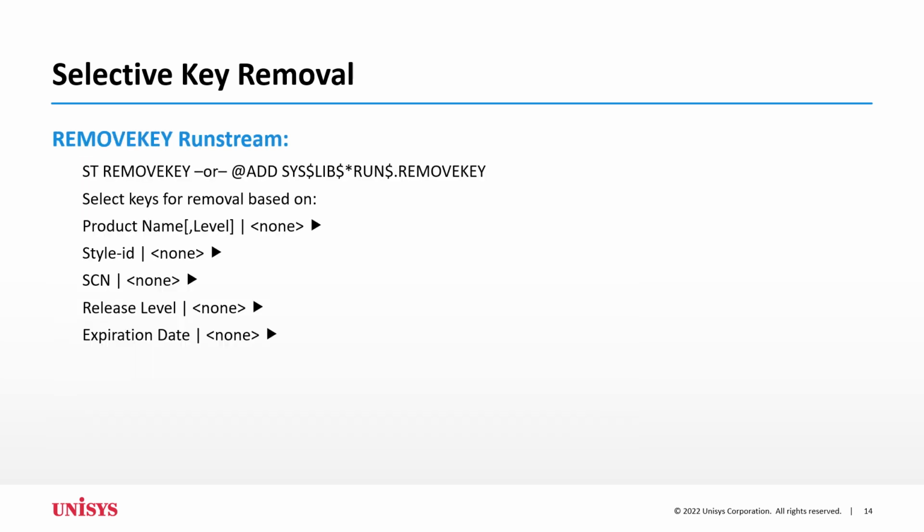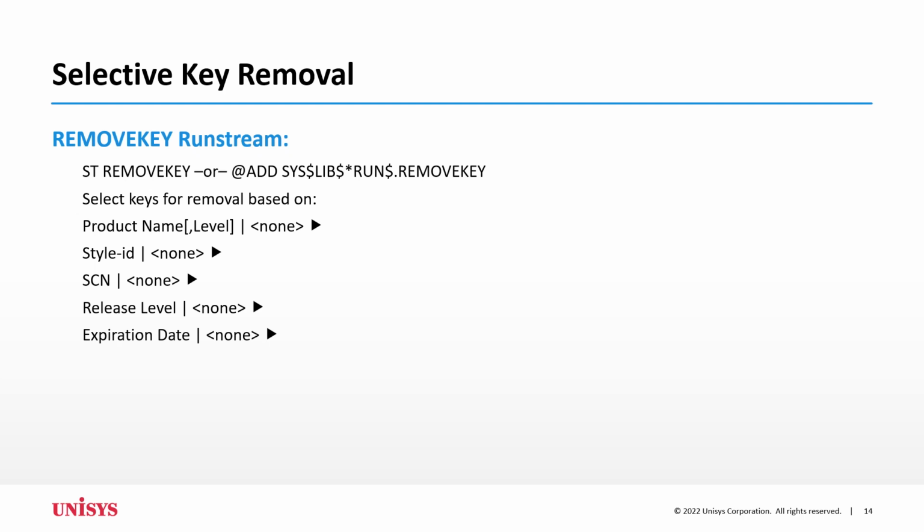The remove key run stream is also provided to selectively unregister keys. You can start the remove key run stream from the console or add it from demand. Remove keys solicits for key selection criteria based on product name and optional level, style ID, SCN, release level, and expiration date.